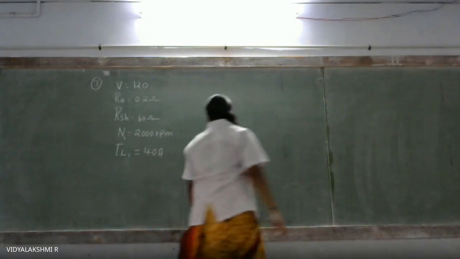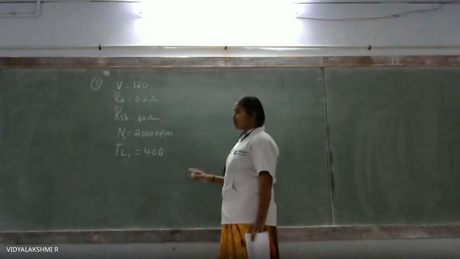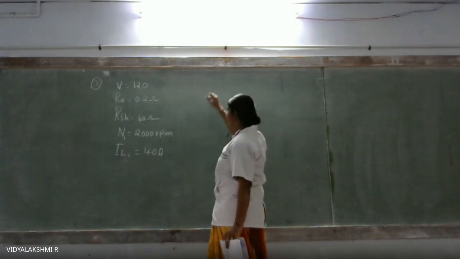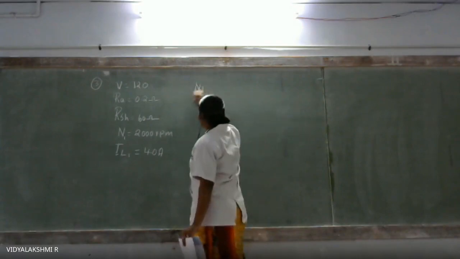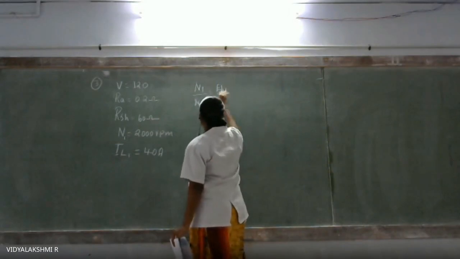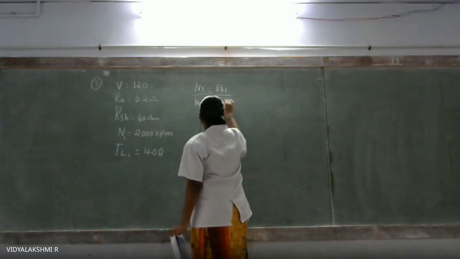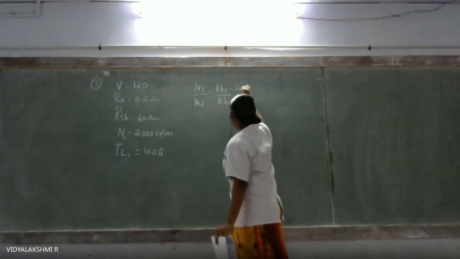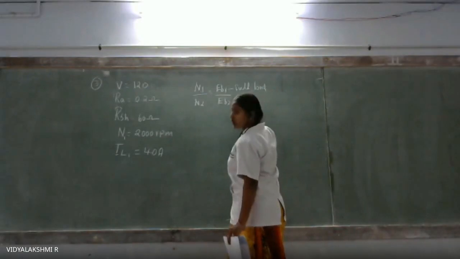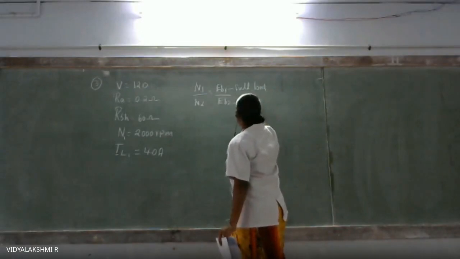Before that, I'm going to find out the other N value. The formula is N1 by N2 is equal to EB1 by EB2. Here 1 is full load and 2 is half load. N1, the full load speed, is 2000 RPM.